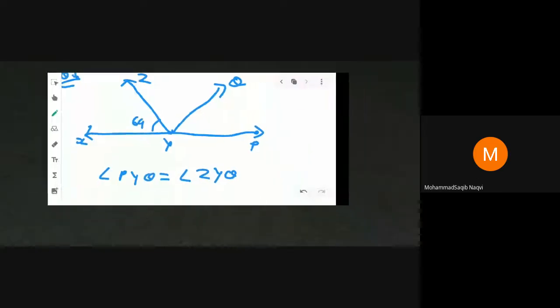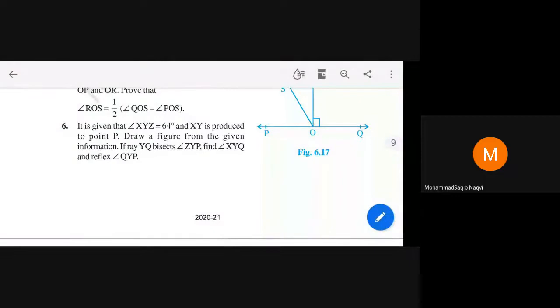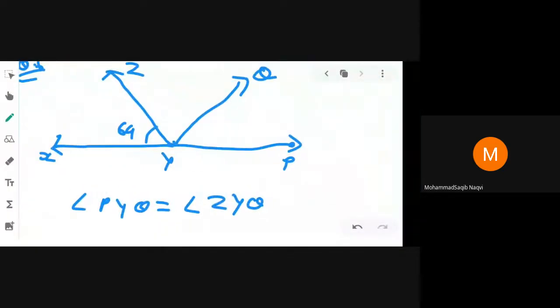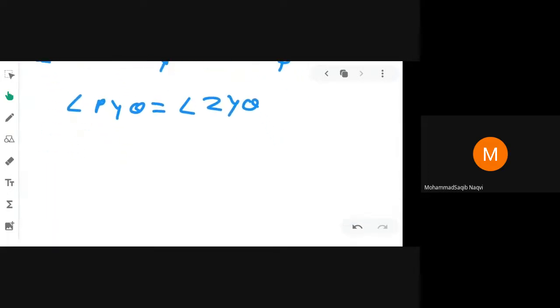Okay, now you can see. Find angle XYQ and reflex angle QYP. We have to find two angles. First, we have to find angle XYQ.